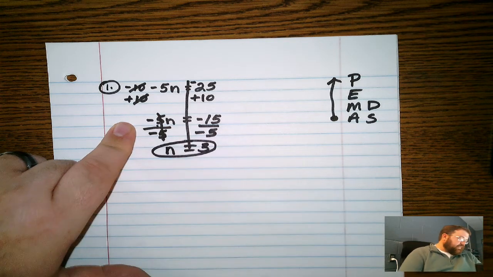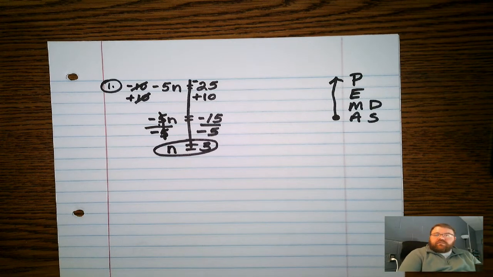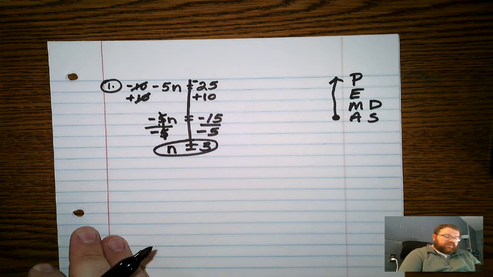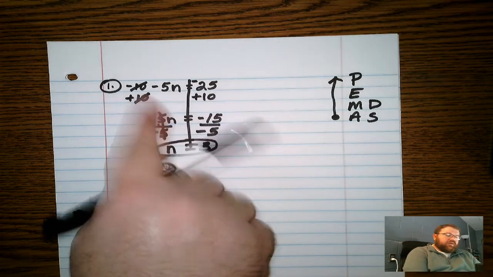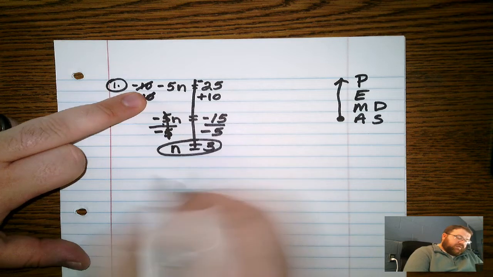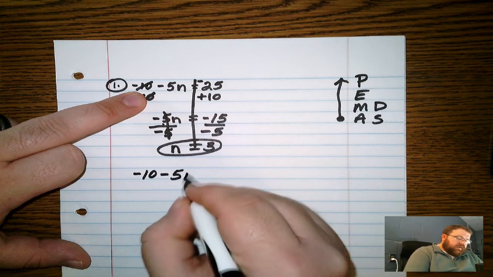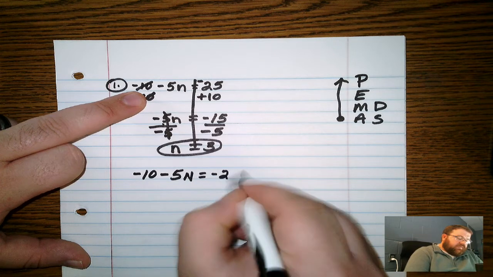Now, as I talked to you in the day 1 and day 2 video, the check step is important. So we can go ahead and substitute in our original equation. We had -10 minus 5n is equal to -25.